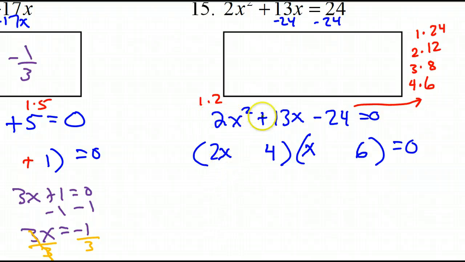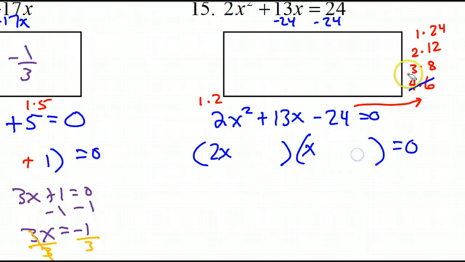If there's no common factor in the original problem, there should be no common factor in the parentheses. So that won't work. And usually I would try switching these around, doing 6 and 4. Same problem though, common factor. So without even doing anything else, I know that 4 times 6 is not the solution.